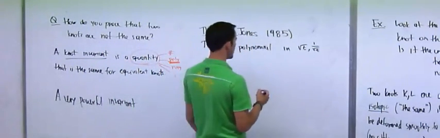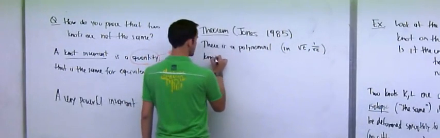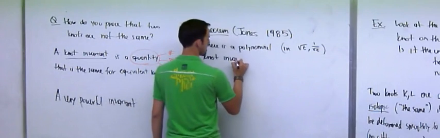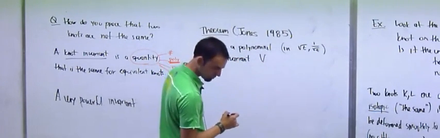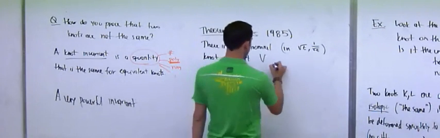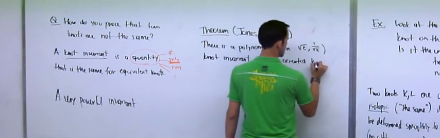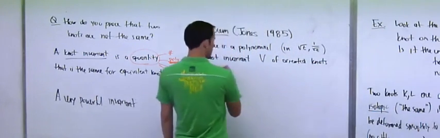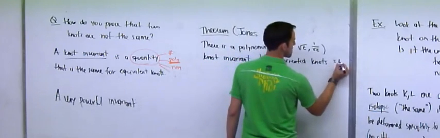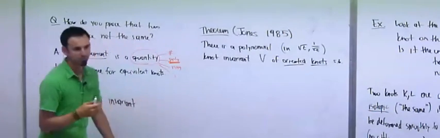There is a polynomial knot invariant V of oriented knots, such that... What do I mean by an oriented knot?